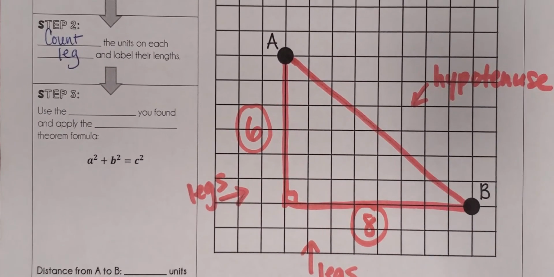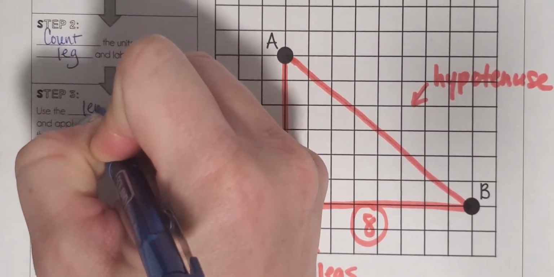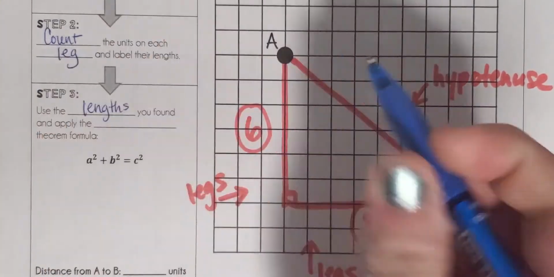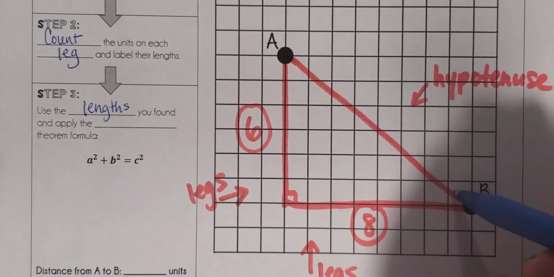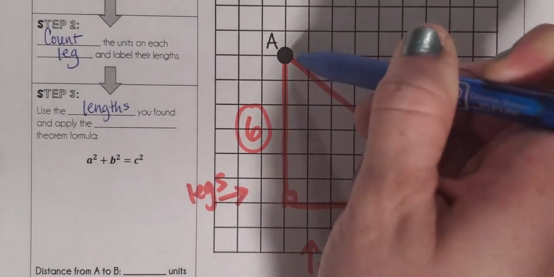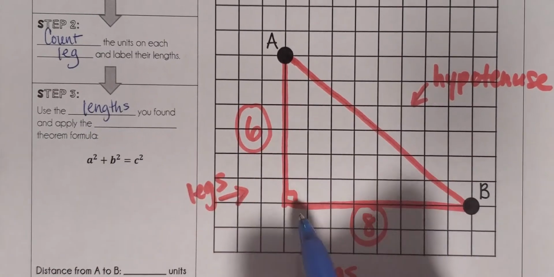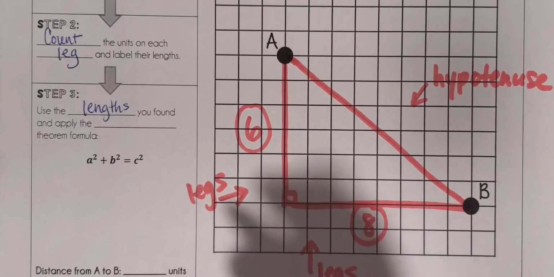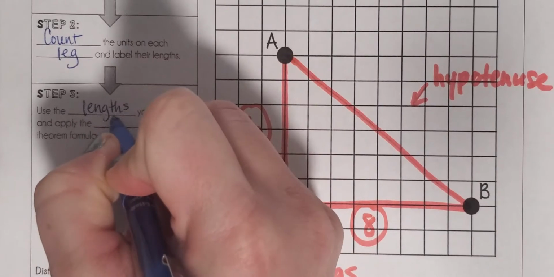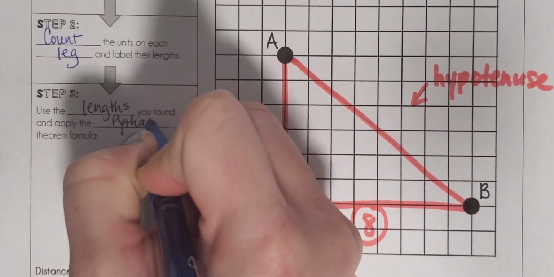My step number 3 is use the lengths. Again, we don't know this distance because we can't just go ahead and count all the perfect grids. So we're going to use the lengths that we can count, and we're going to apply the Pythagorean theorem.